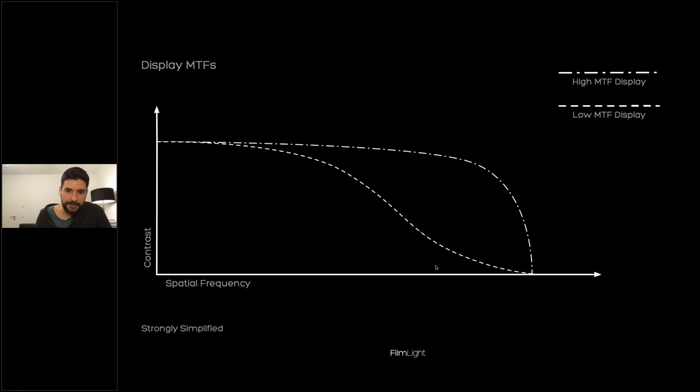So what the curves are showing is actually the contrast based on the spatial frequency. Here on the left, we have very large details and properties of the image, and on the right, we have the very fine details and the very sharp details in the image. A low MTF display cannot show the full contrast for these fine details.